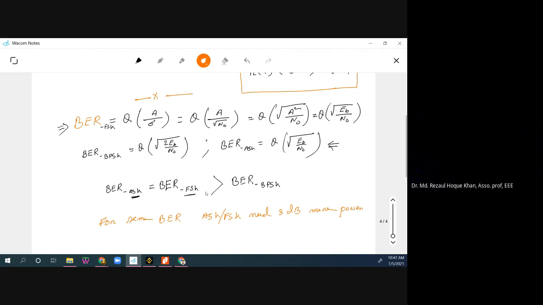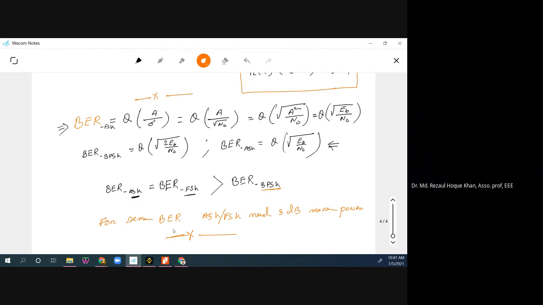Or the opposite, BPSK needs half of the energy per bit. So we can conclude that BPSK is still better.